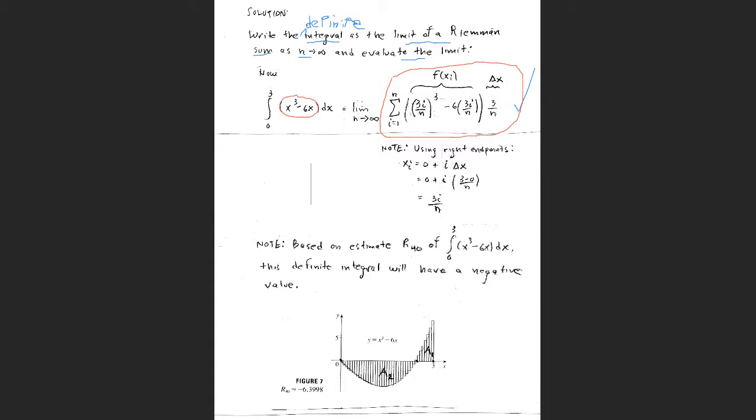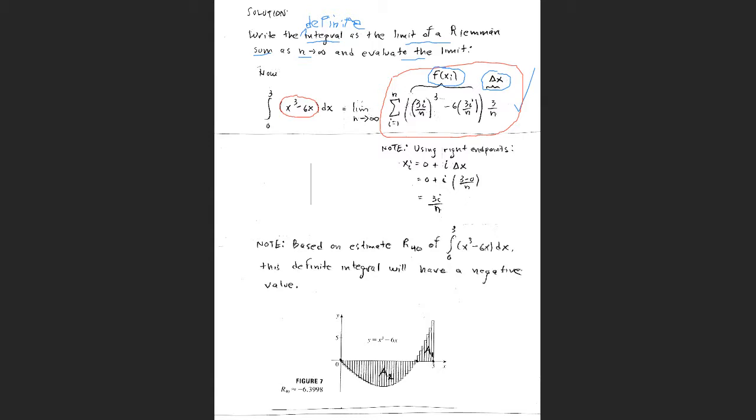Every rectangle has a base with width delta x and a height defined by f of x sub i, where x sub i is some point chosen inside each subinterval.